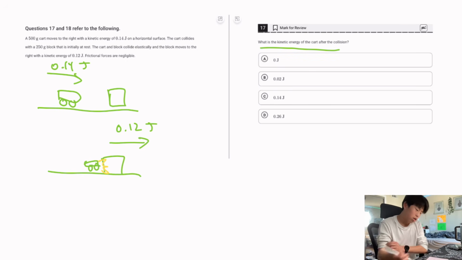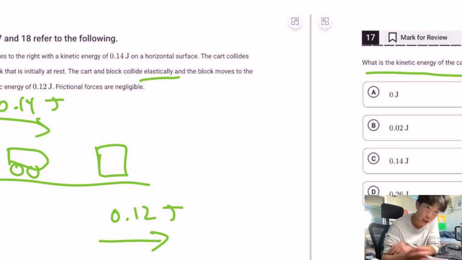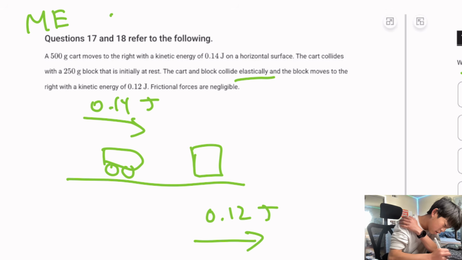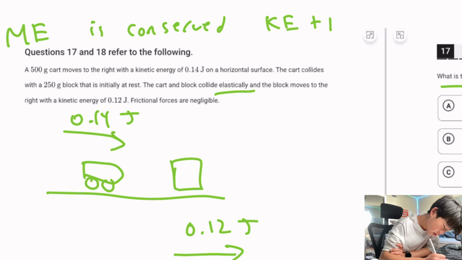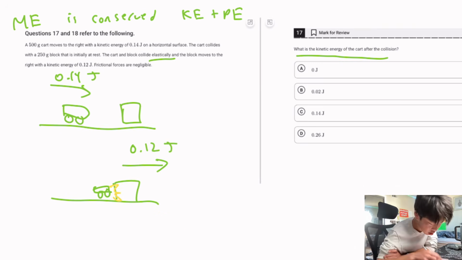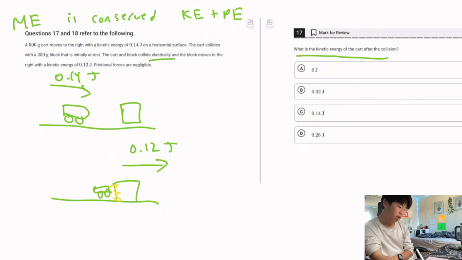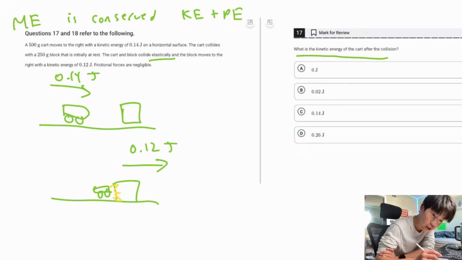So what we need to know is that whenever it says elastically, they do not stick together. And that also means that mechanical energy is conserved. Guys, what is mechanical energy? Mechanical energy means KE plus PE, which means kinetic energy plus potential energy. So if the kinetic energy is conserved, the kinetic energy in the system is going to be 0.14 joules.